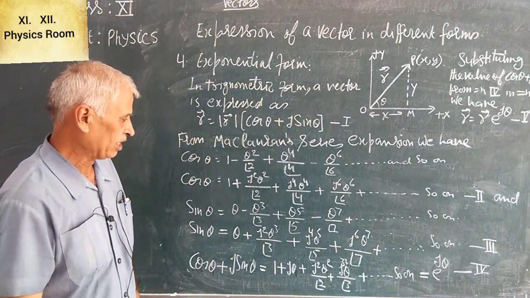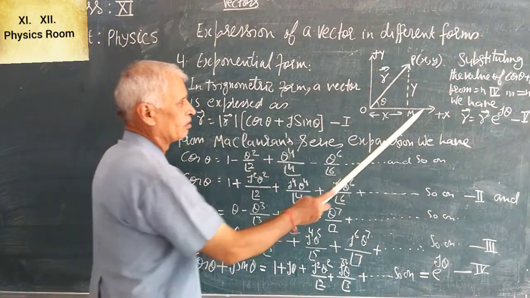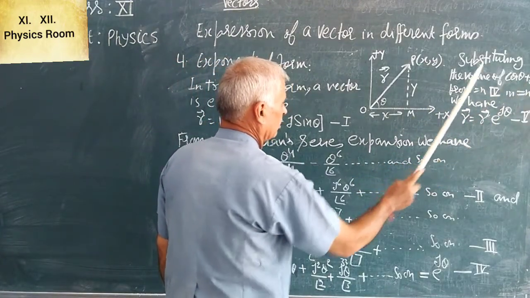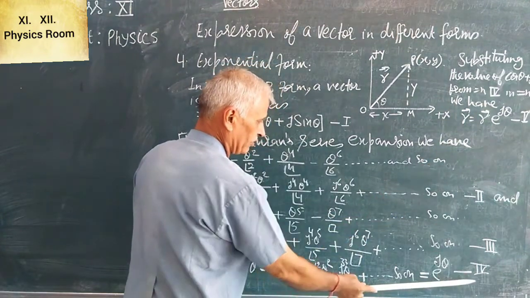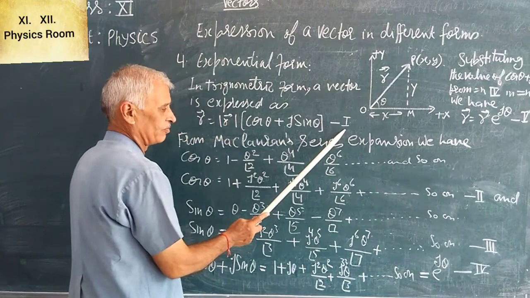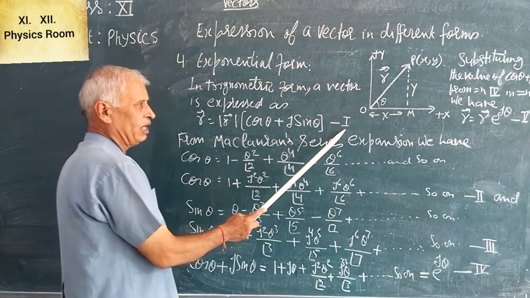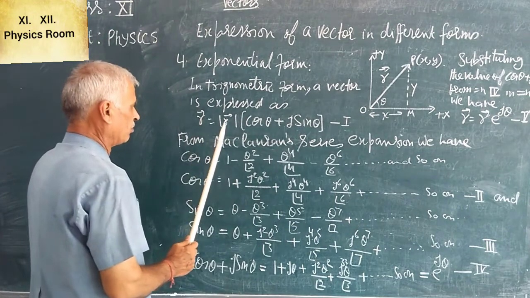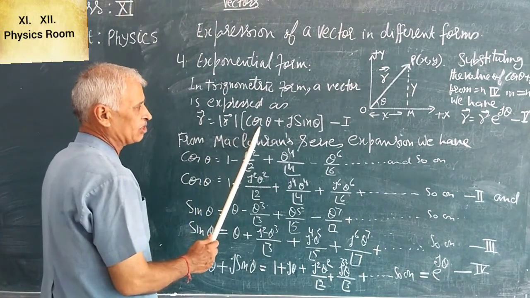Now substituting the value of cos theta plus j sin theta from equation 4 in equation 1, we have vector r is equal to mod r into e raised to power j theta.